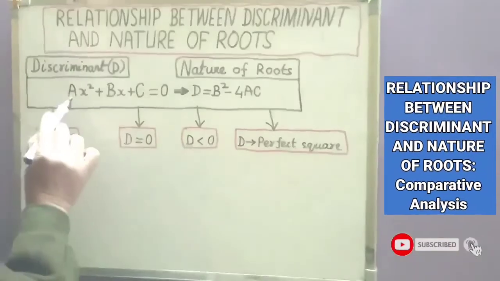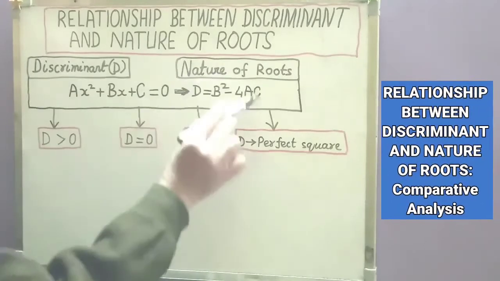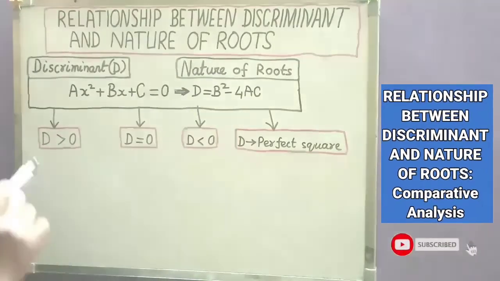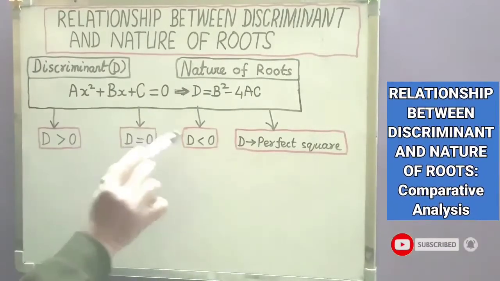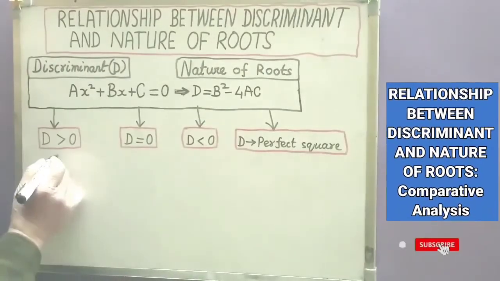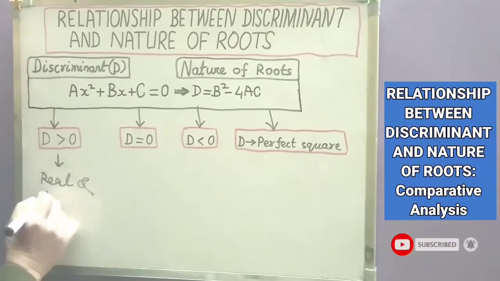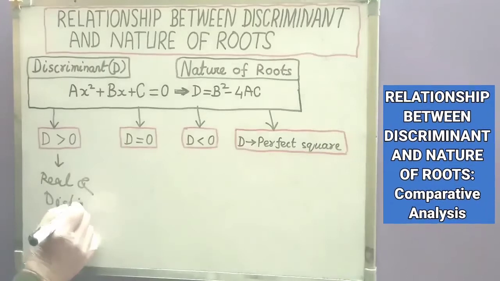Now, let's discuss the relationship between discriminant and nature of roots of a quadratic equation. In a quadratic equation ax square plus bx plus c equal to 0, the discriminant D equal to b square minus 4ac. Generally, there are four relations between discriminant and nature of roots. If D is greater than 0, both the roots are real and distinct.